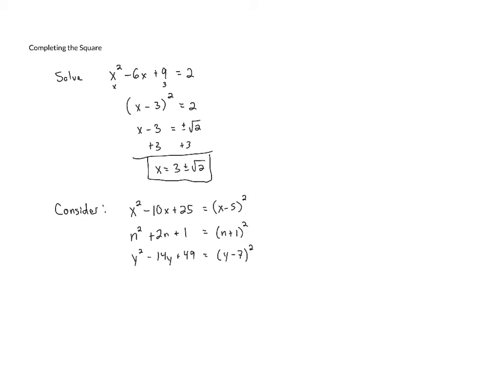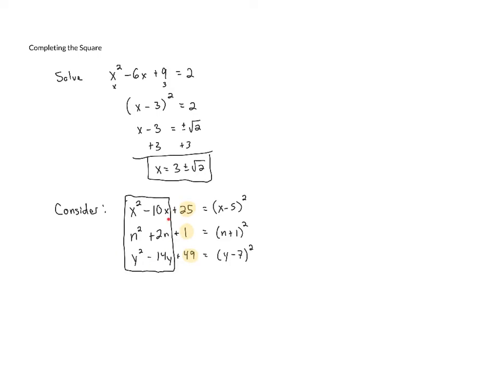And what's going to happen is we're going to be given problems where we are given the first 2 terms, and we need to figure out what constant we can add at the end to turn it into a perfect square trinomial. And there's a nice pattern here that we're going to be able to rely on to come up with a rule.